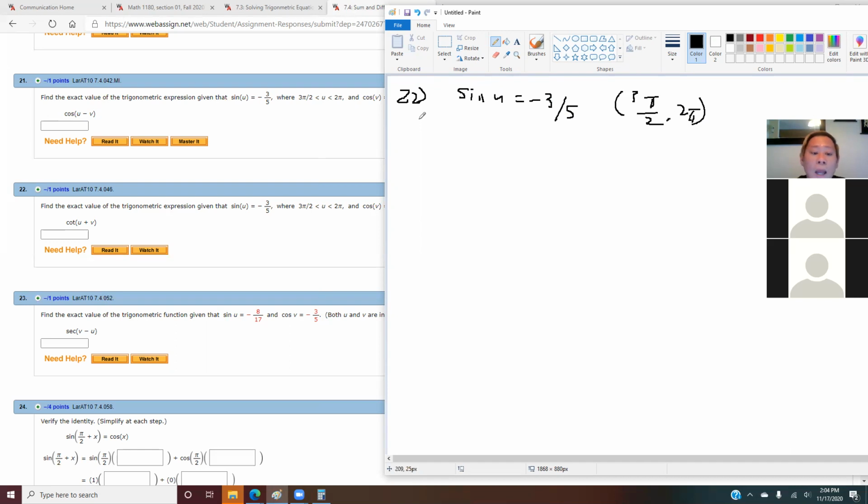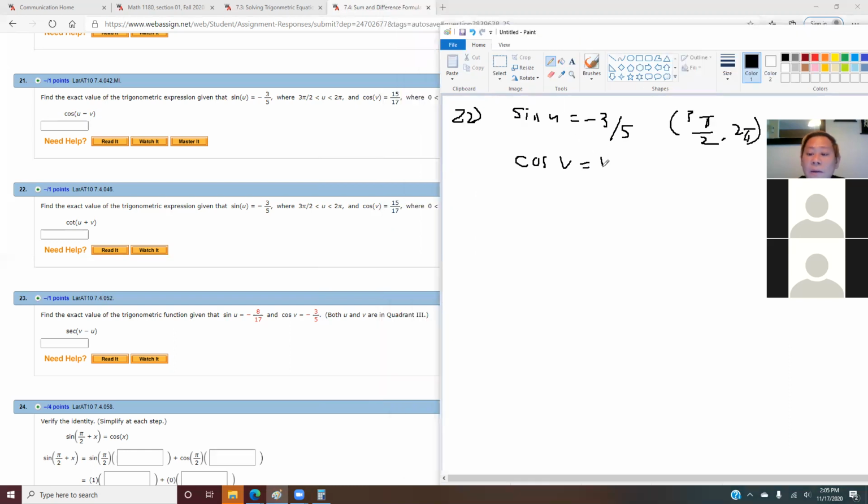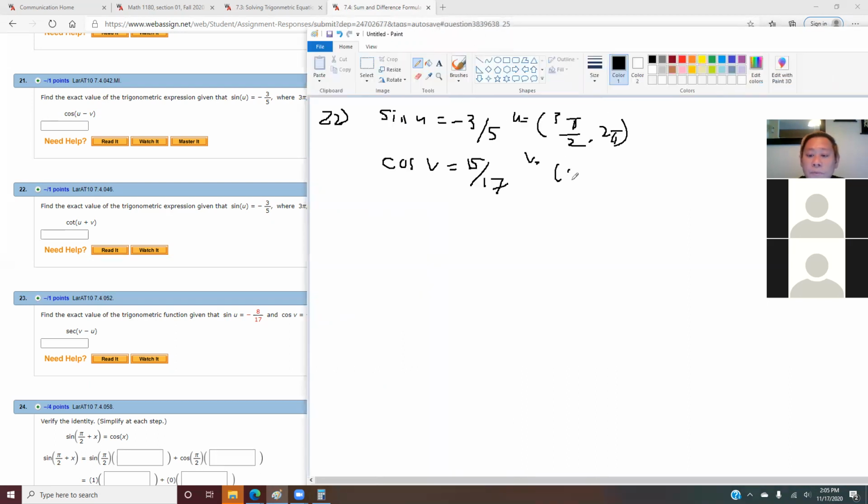And also they give you cosine v equals 15 over 17, and v is in the domain of 0 to pi over 2. Question 22 is asking us to find cotangent of u plus v.